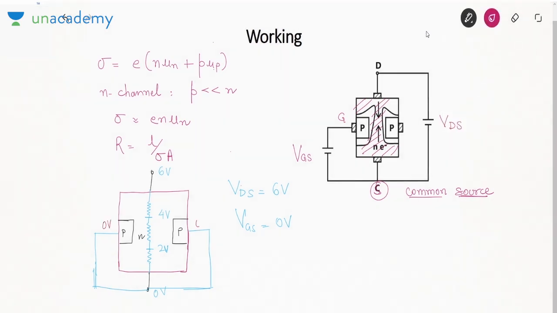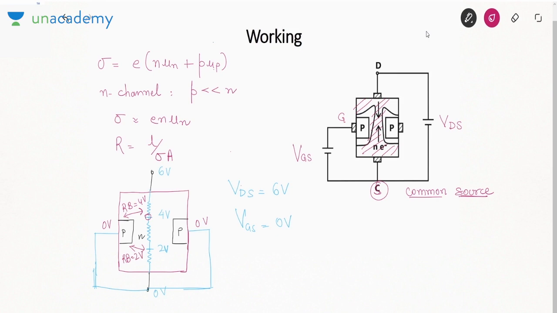The voltage here is 0 volt. So here P region is at 0 volt and N region is at 4 volt. So it is reverse biased. What is the reverse bias voltage? 4 volt. Here P region is at 0, N region is at 2 volt. So the reverse bias is 2 volt.